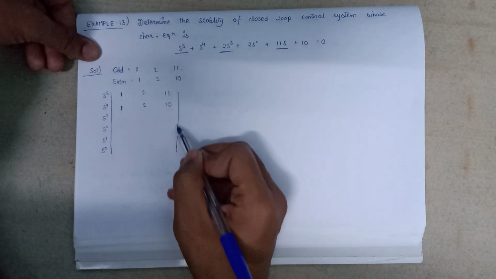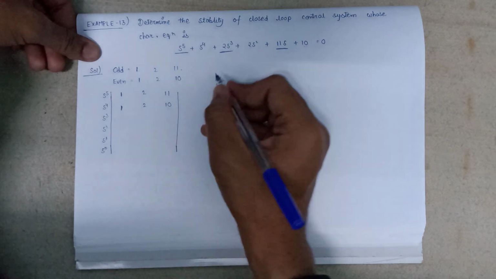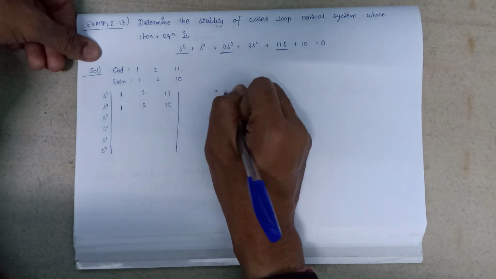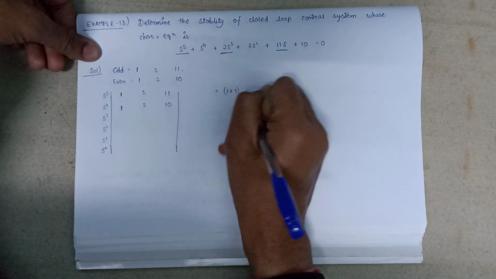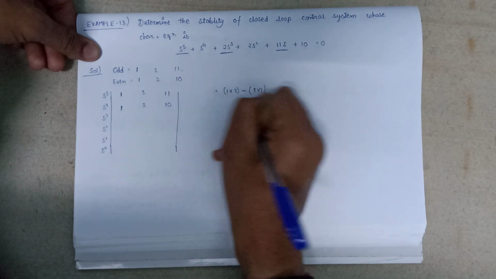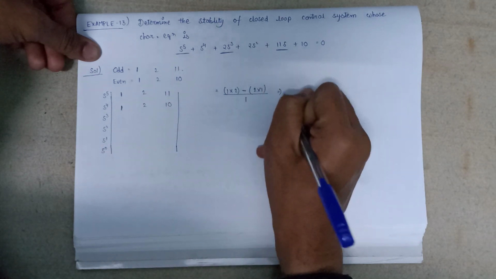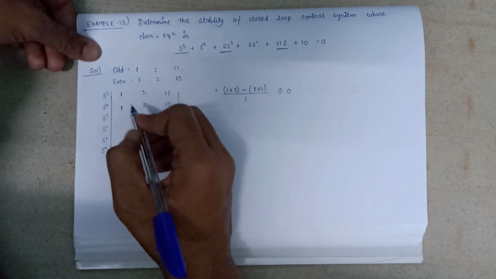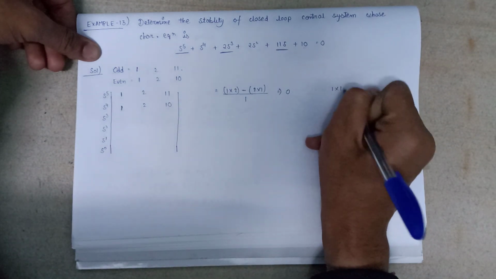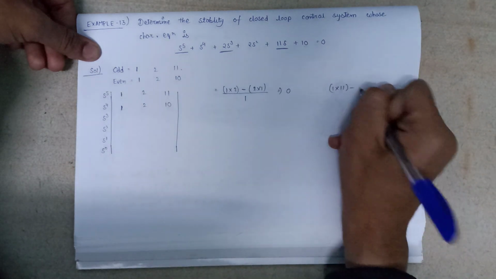Later on, we will fill all the elements of the Routh array by the cross multiplication method. So this 1 will be multiplied with 2, minus 2 will be multiplied with 1. The whole thing will be divided by this 1. So we will get 0 here. After this, 1 will be multiplied with 11, minus 10 multiplied with 1.